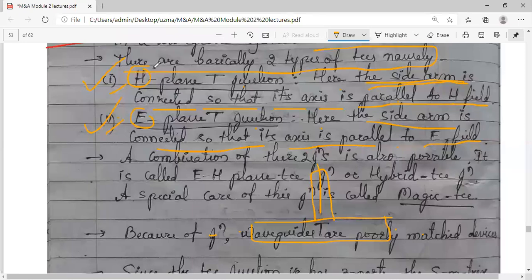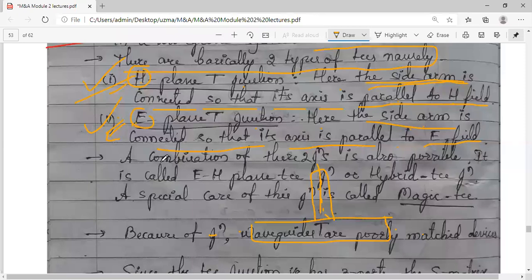In the H-plane, the side arm's center axis is parallel to the H field. In the E-plane T-junction, the side arm is connected in such a way that its axis is parallel to the E field. So depending upon how the side arm is connected, we classify these waveguides into either the H-plane T-junction or the E-plane T-junction.